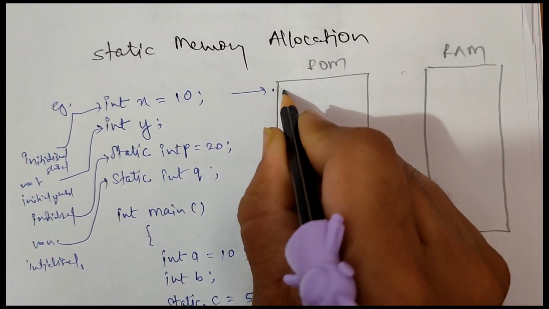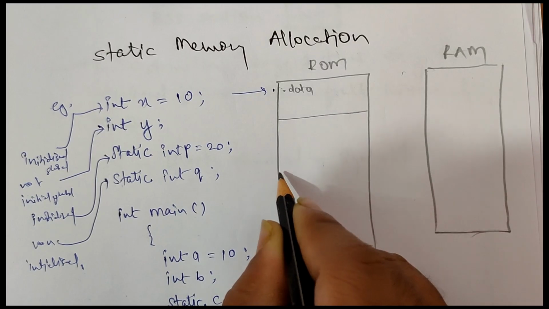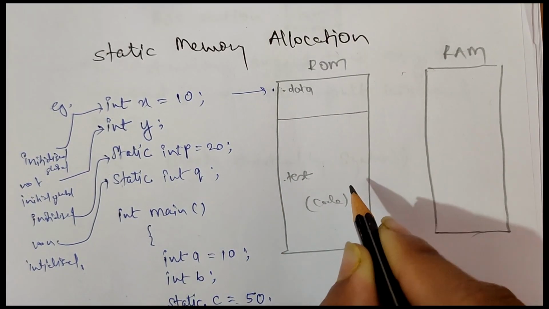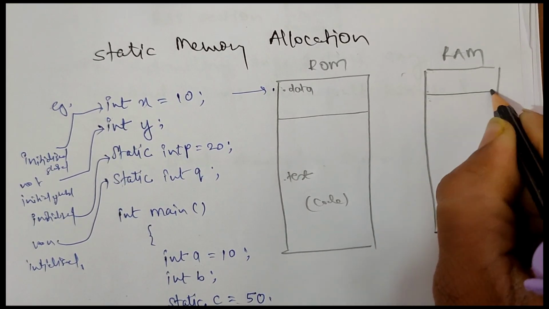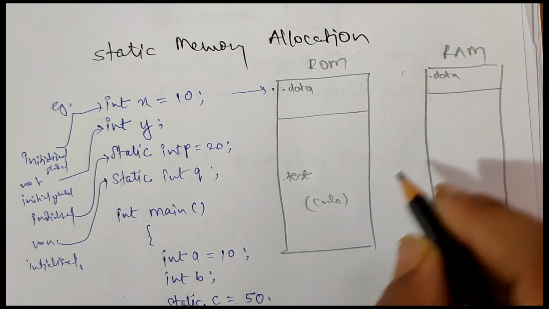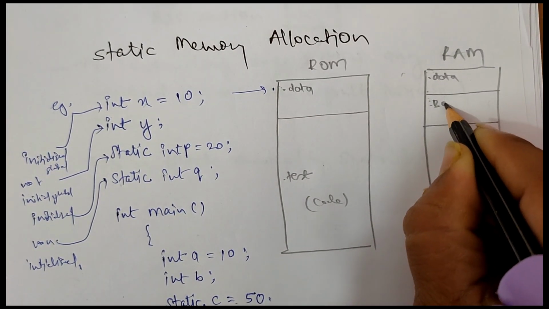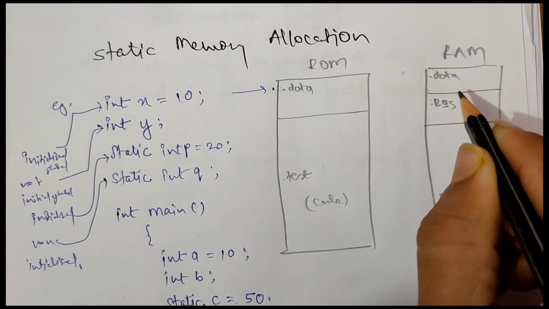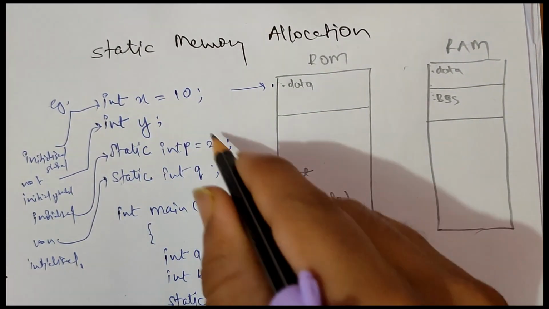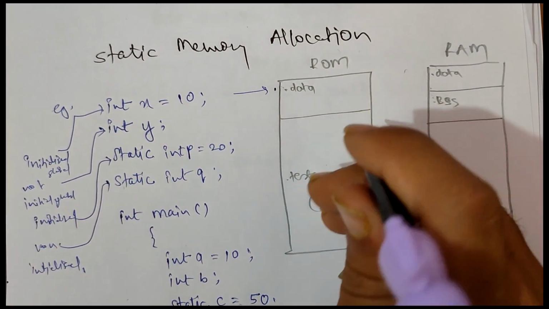The ROM has the data section and the dot text section, where the code is placed. The RAM also has a data section, which we have seen previously, and here we have the BSS section in RAM. From this program, we'll see how the values are put in different sections.